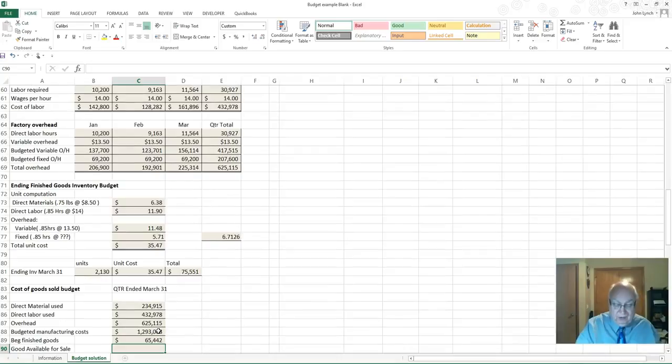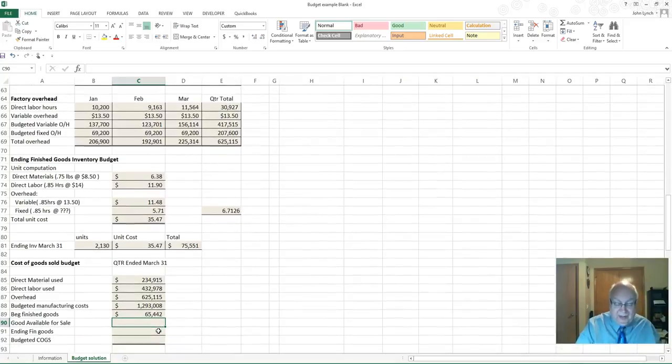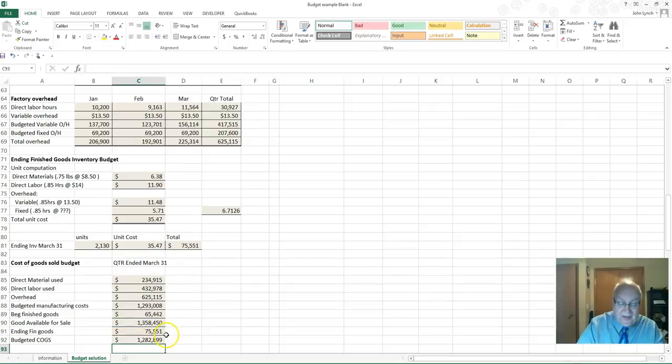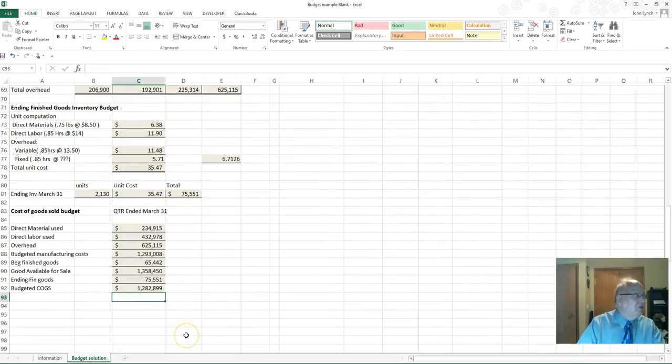Okay, 6542, which we would then, now this is goods available for sale. So we add those two together. Above the budgets we subtract them, but on this one we add them. Ending finished goods inventory, we just calculated as 75,000. We then subtract those off to get our cost of goods sold, which would be 1,282,899. So that's the cost of goods sold budget.